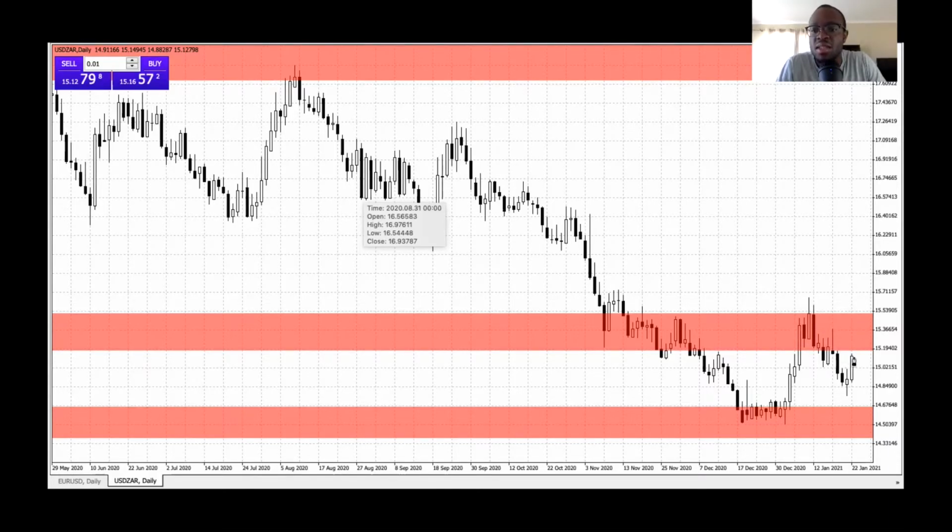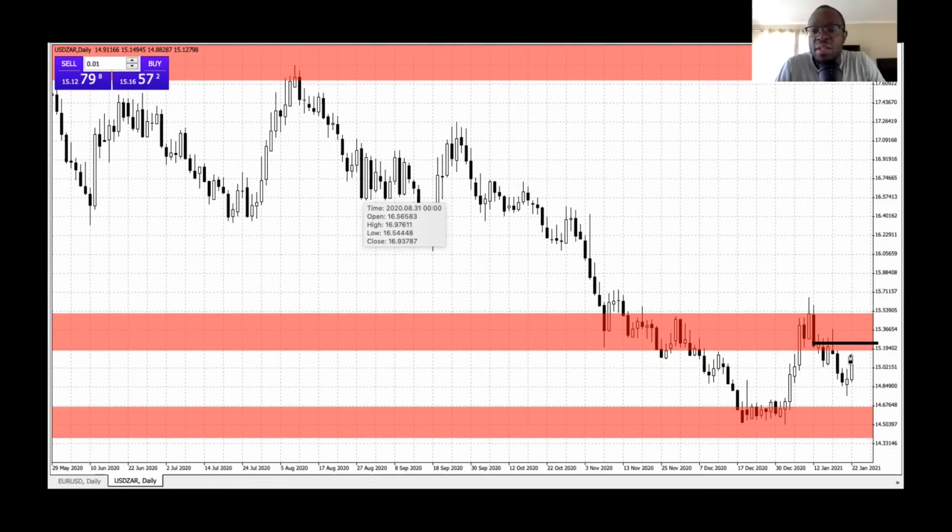So I'm expecting that this bullish move is not going to pass this zone, so the price will reverse and form a lower high. Upon forming a lower high, I know that the price will move to the downside, breaking this zone, retesting it, and continuing the downward movement.